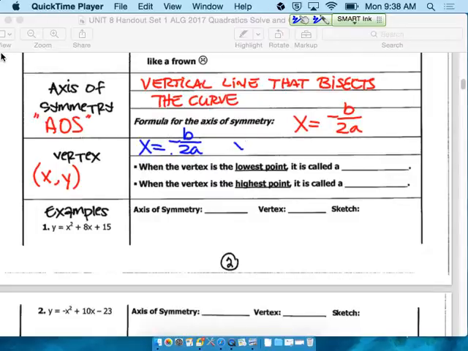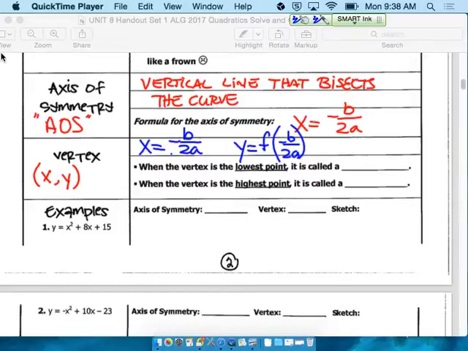The y-coordinate, I'll use function notation, but I'll show you how it works. You take that value, negative b over 2a, and evaluate the quadratic that you started with for that value. The outcome gives you the y-partner, the y-coordinate. So the vertex is derived by using these formulas.